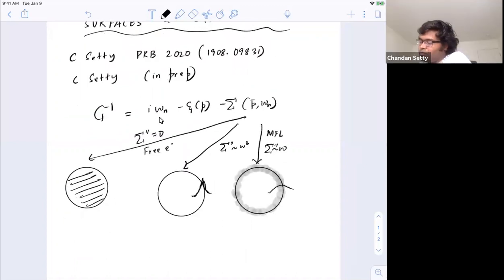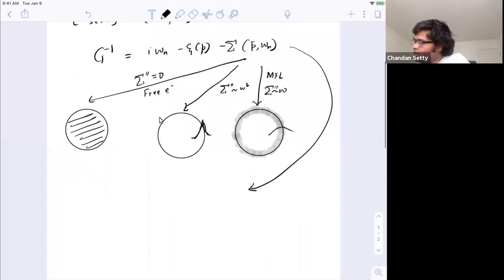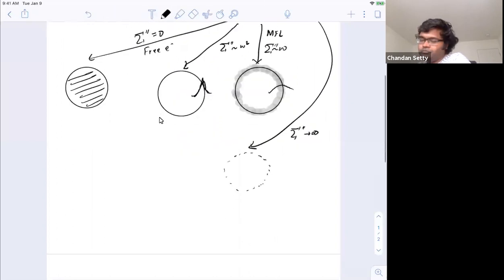Now, in principle, I can crank up the interactions even more, like make my interaction so large that the self-energy goes to infinity. In such a case, what you end up with is a contour not of poles, but a contour of zeros.